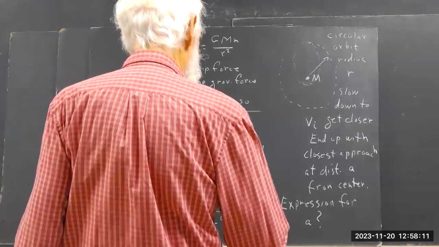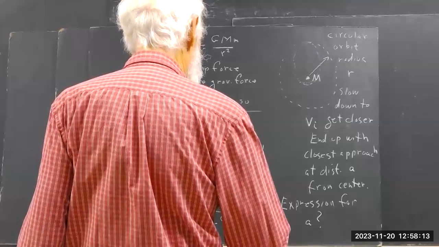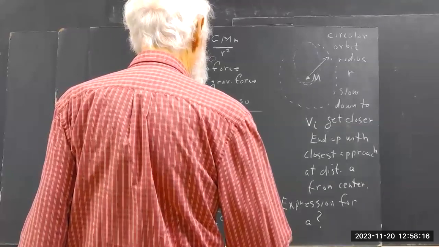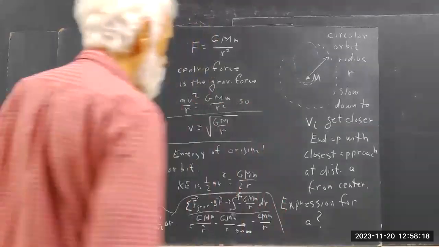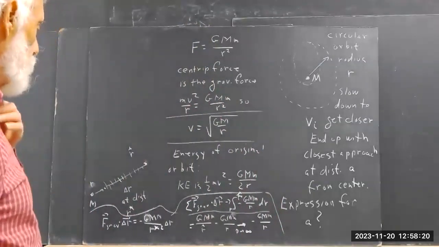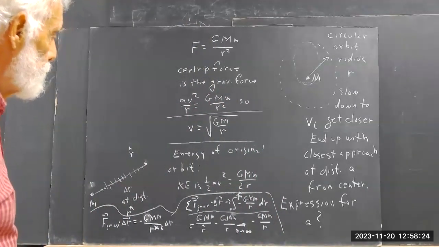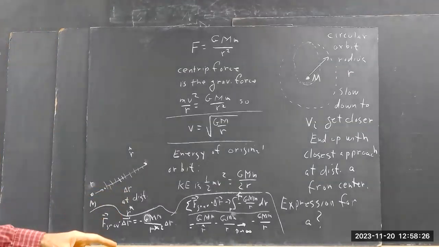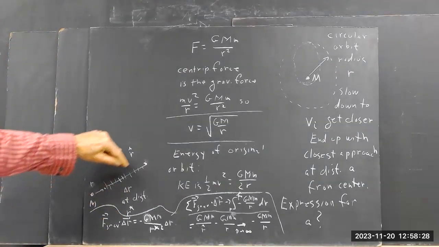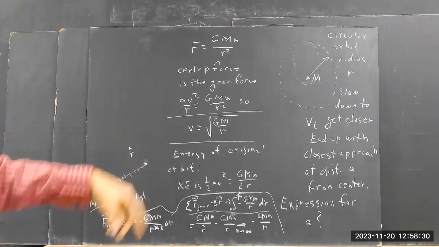So that's just negative big G, big M, little m over r. Now that's the work done by gravity from here to infinity, right?